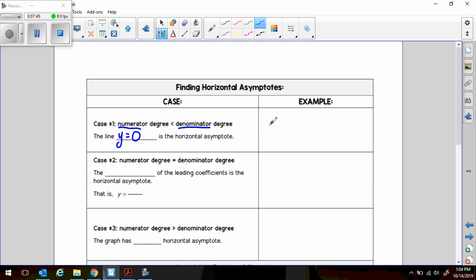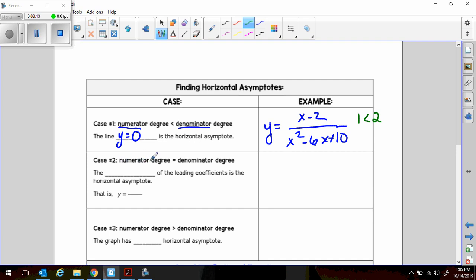This is a good example. Let's look at y equals x minus 2 over x squared minus 6x plus 10. I just made this up, but the degree of the numerator is 1, and that's less than the degree of the denominator, which is 2. So this is going to be the horizontal asymptote.